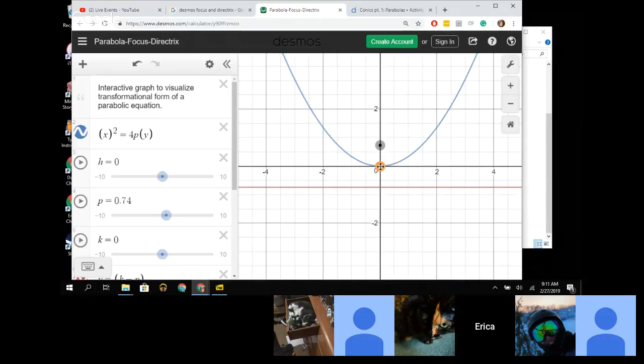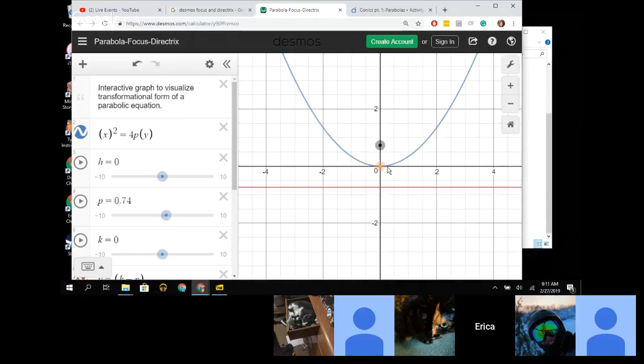Okay, so this yellow part right here is called the vertex, right? And our vertex actually happens to be at 0, 0. Okay, this black dot represents the focus, our focus point, and the red line represents our directrix.